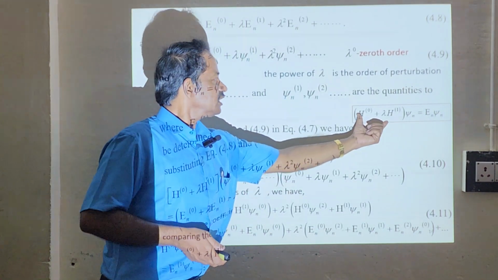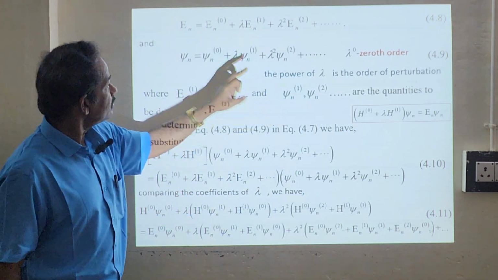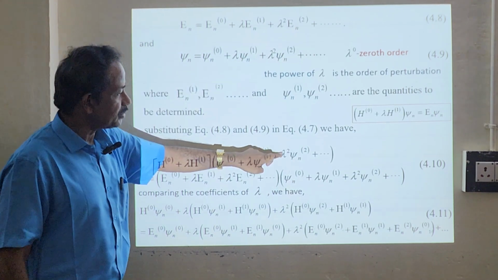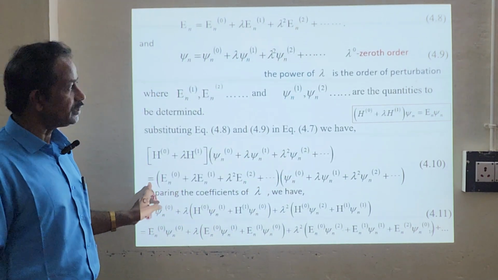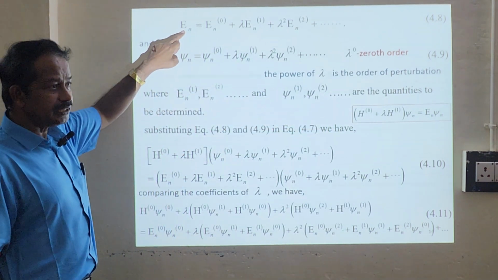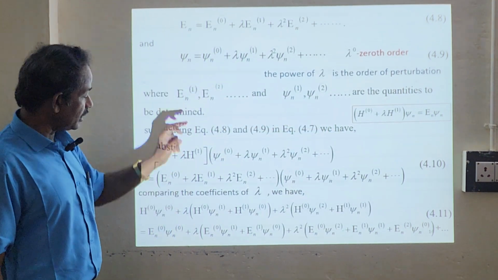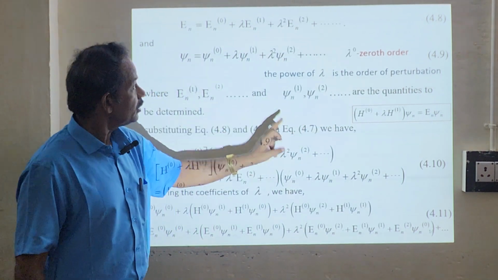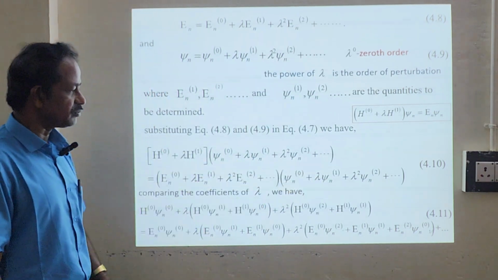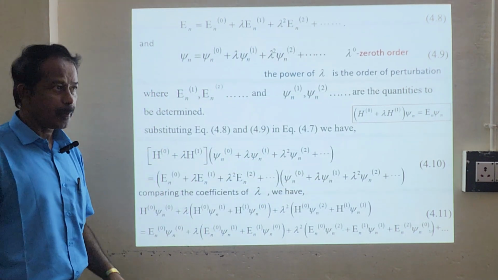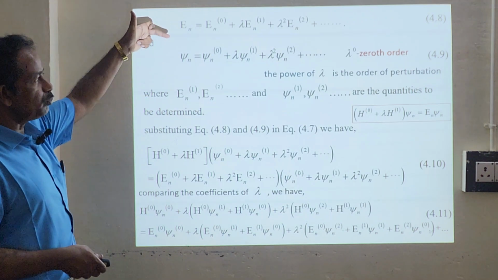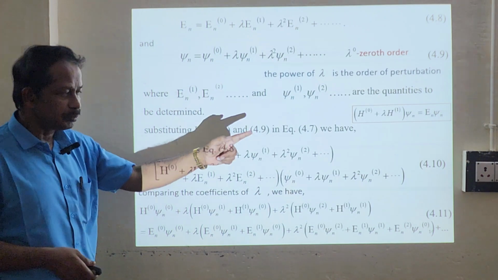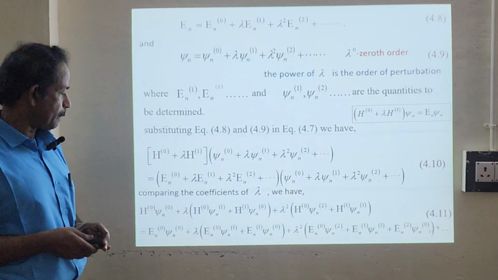Instead of psi n, you write psi n0 plus lambda psi n1 plus lambda squared psi n2 and so on, which is equal to En, given by En0 plus lambda En1 plus lambda squared En2 and so on, times your psi n, with the expression for psi n substituted. Substituting 4.9 and 4.8 in 4.7, you get equation 4.10.